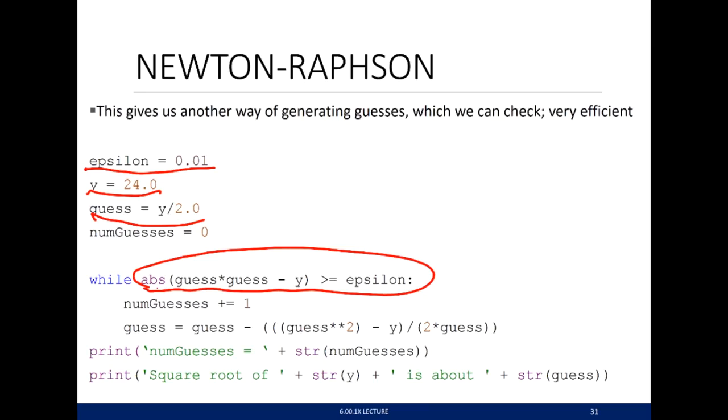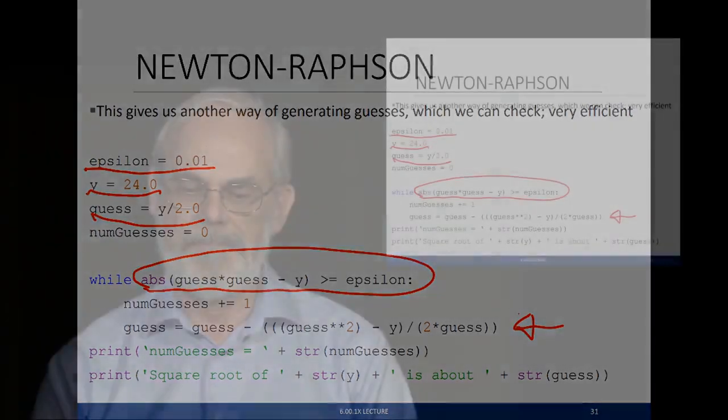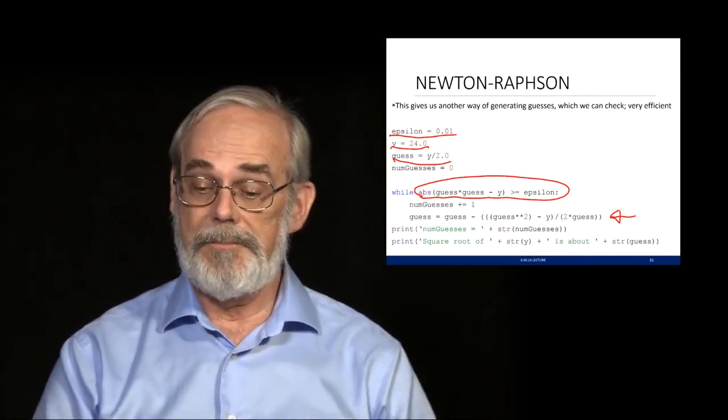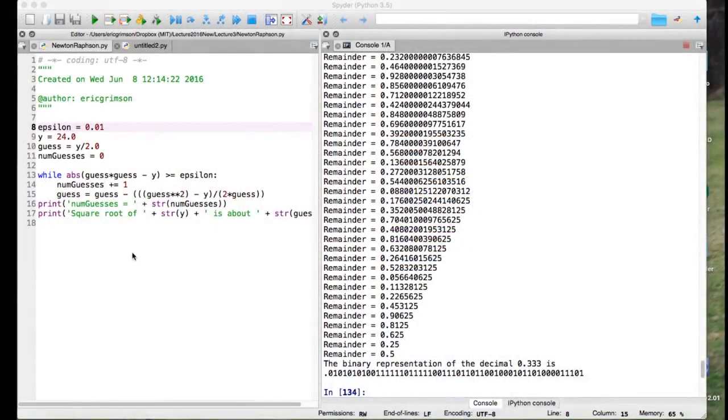And as before, I'm going to count the number of guesses to see how long it takes. Each time around, I'm going to use that little equation from Newton-Raphson. I'm going to take g squared minus y, divide it by 2 times g, or guess, subtract that off of guess, and go back around. That's just the thing I did before. And I'm going to run through that loop until I get something close enough, and then I'm going to jump out. So let's see what happens if we do it.